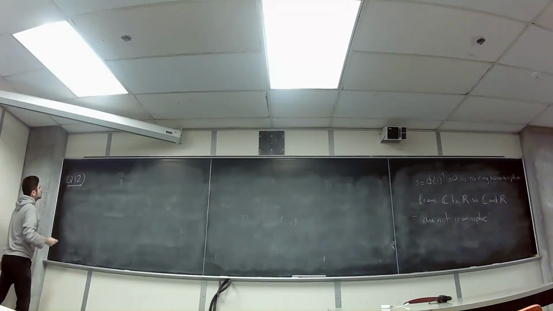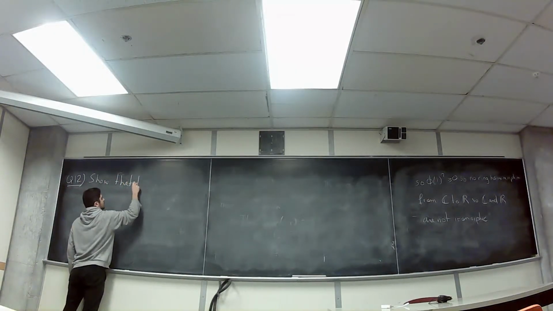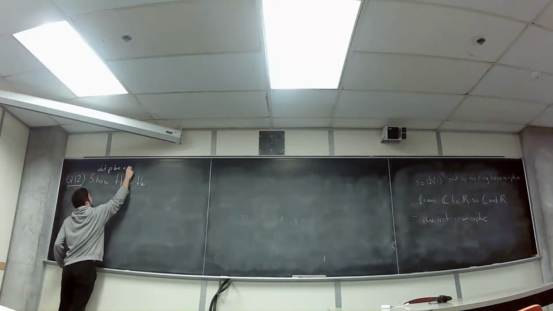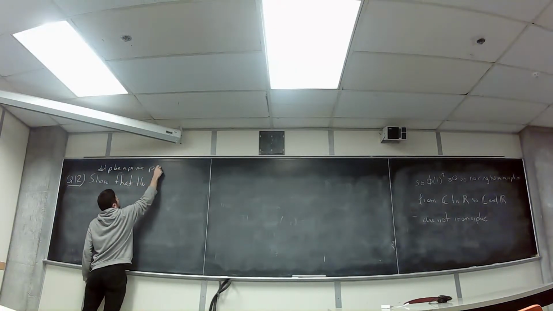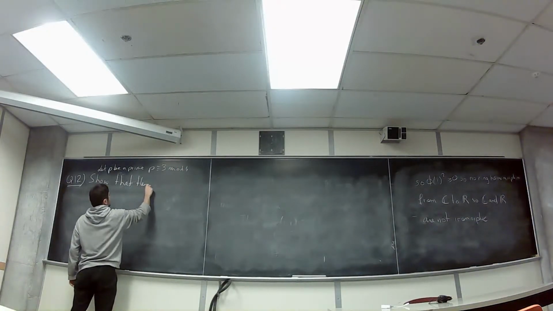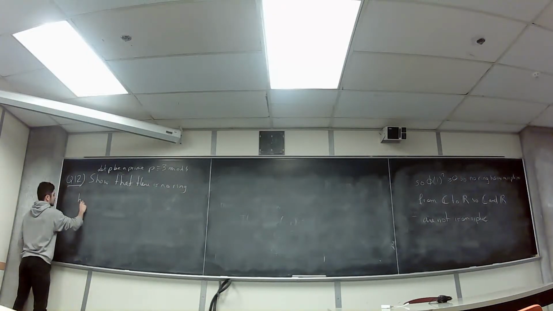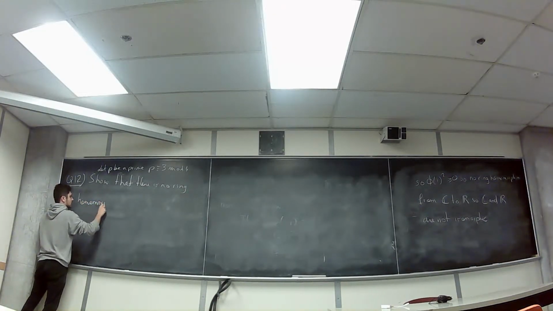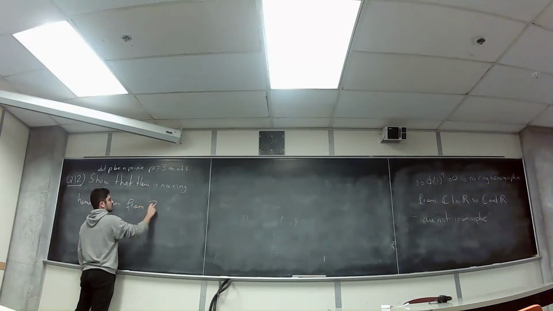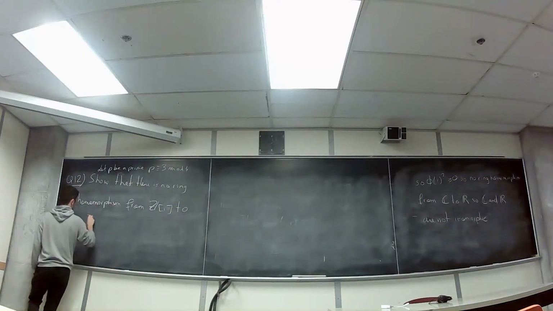So show that, let p be a prime congruent to 3 modulo 4. Show that there is no ring homomorphism from Z of i to Z modulo pZ.